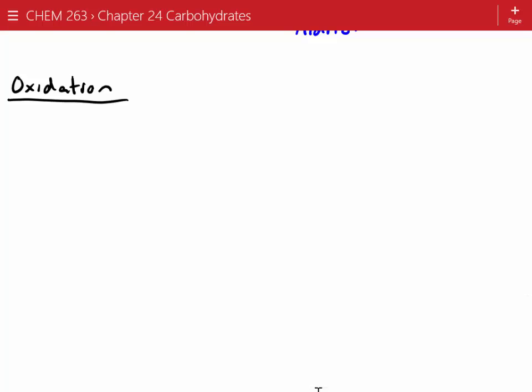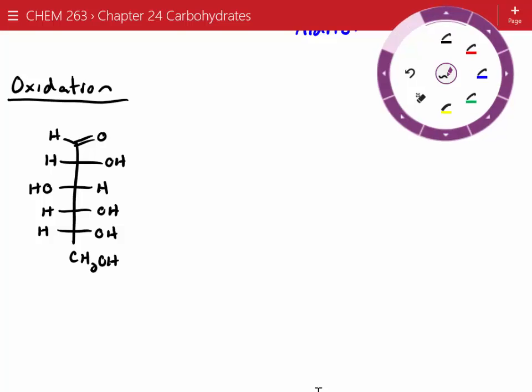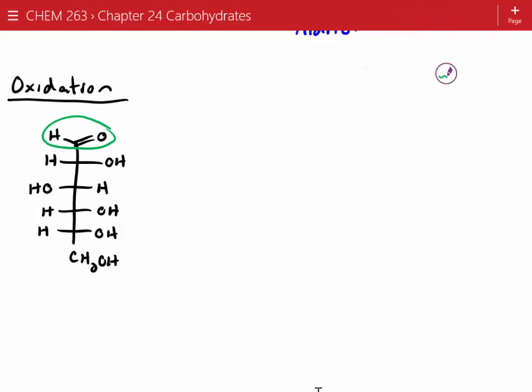All right, so for oxidation, we've got D-glucose. Let's try to just oxidize our aldehyde. If we oxidize it, what will it turn into? Yeah, carboxylic acid.